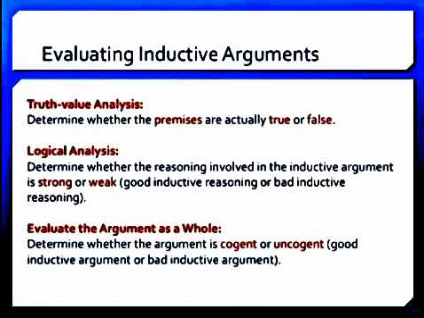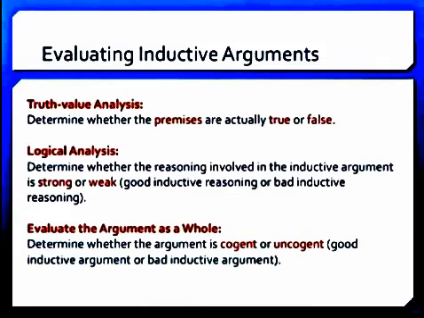In other words, when you want to determine whether or not an inductive argument has strong reasoning, you have to ask yourself, assuming that the premises are true, is it the case that the conclusion would probably be true? If the answer is yes, then the argument has strong reasoning.